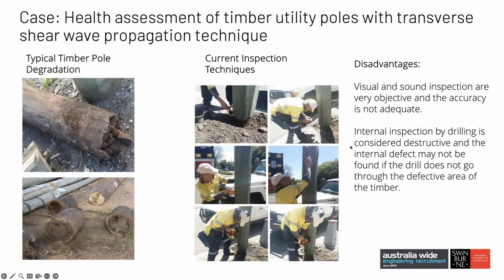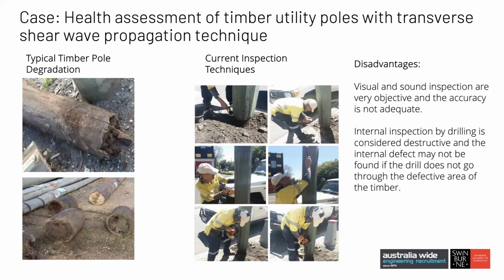And the second case is about how we can assess the health conditions of timber utility poles by utilizing different types of algorithms. Traditionally, we just use visual recognition to identify timber pole degradation.